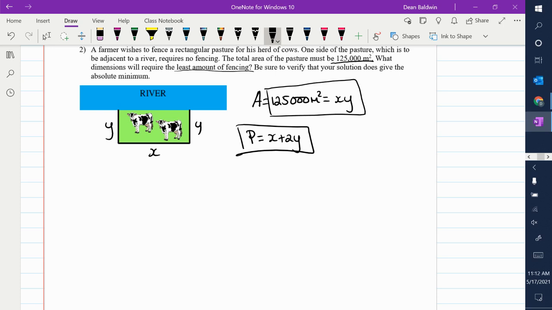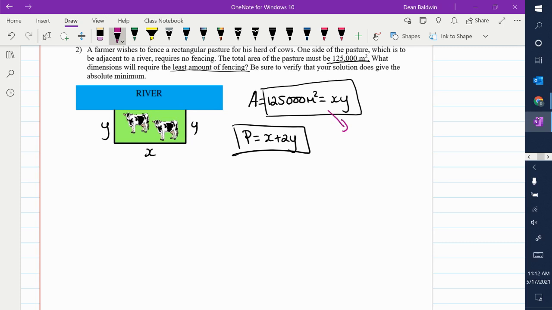It doesn't matter. So if I use this equation here, and I divide off x, so I get 125,000 over x is equal to y.